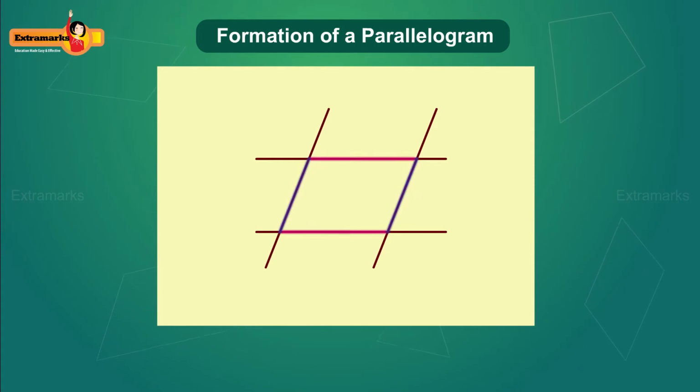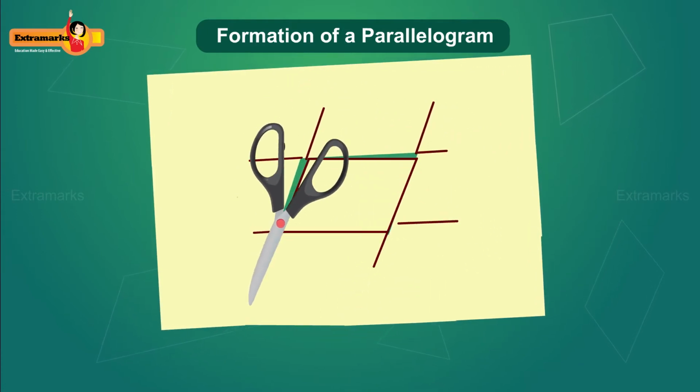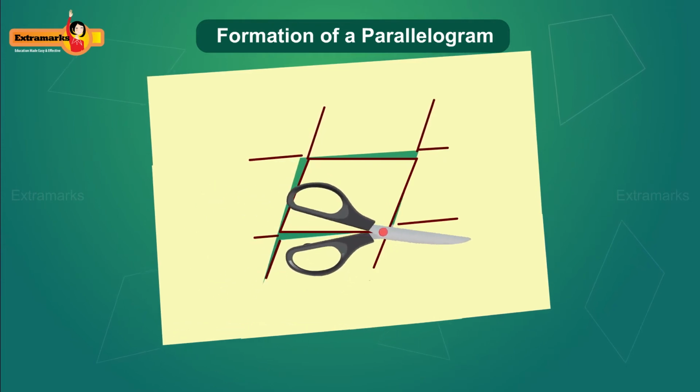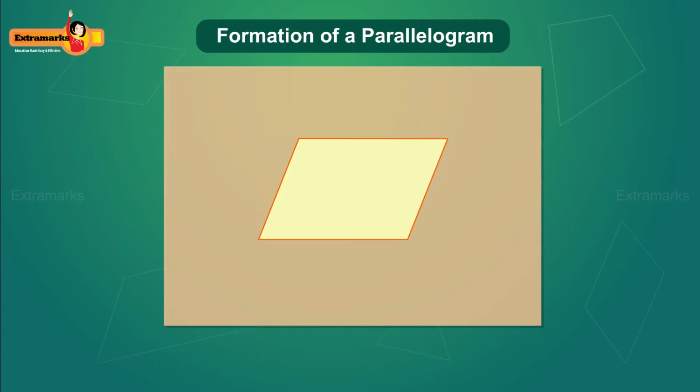This is made up of two pairs of parallel lines. So, if we cut this closed figure, we get a parallelogram. Paste this on another sheet of paper and label this parallelogram as ABCD. Draw its two diagonals and name their point of intersection as O.